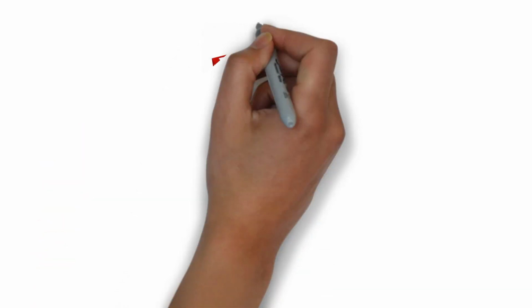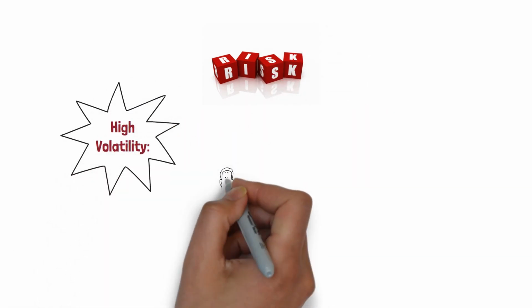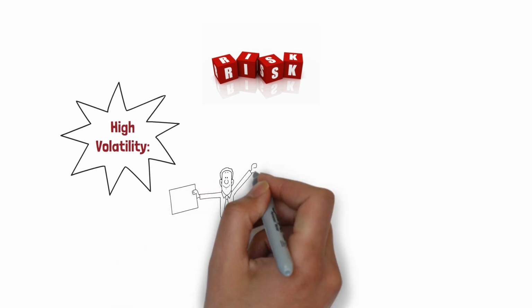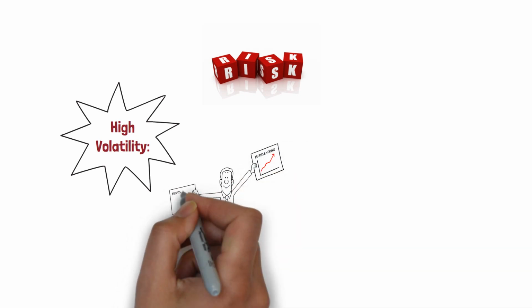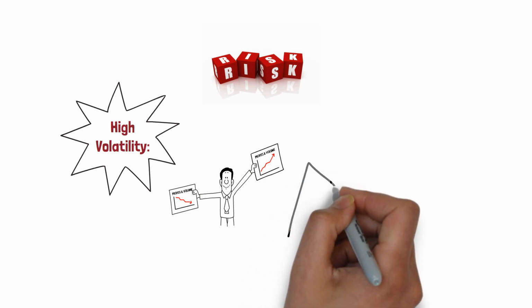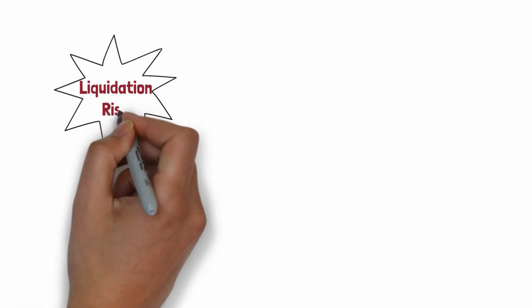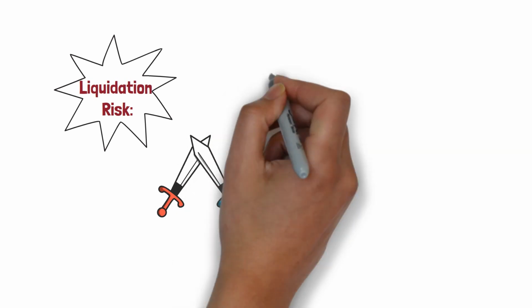While perpetual protocols offer several advantages, it's crucial to be aware of the risks involved, such as: 1. High volatility. The cryptocurrency market is known for its high volatility, which can lead to substantial gains but also significant losses. Traders must be prepared for price fluctuations and be diligent in managing their risk. 2. Liquidation risk. Leverage can be a double-edged sword.